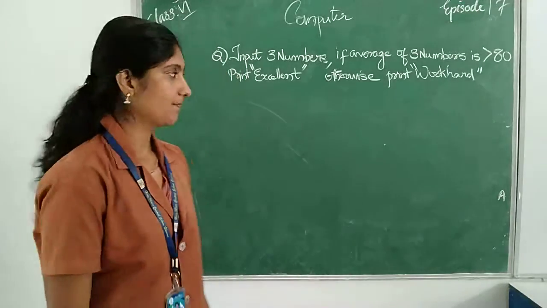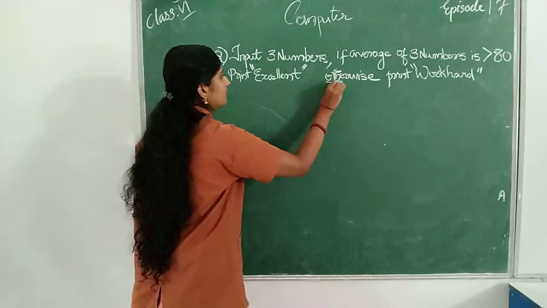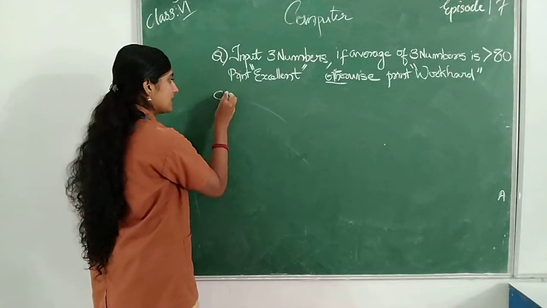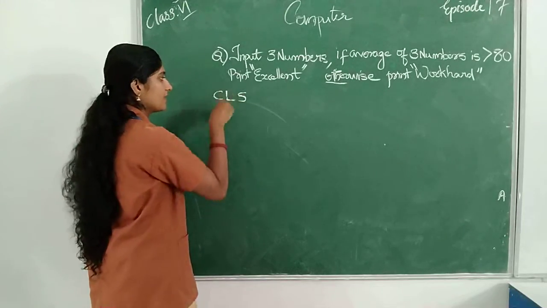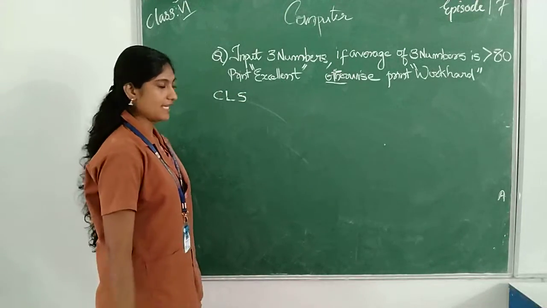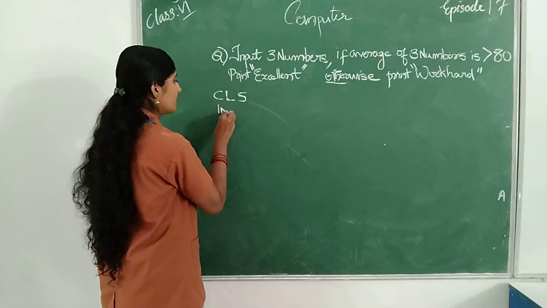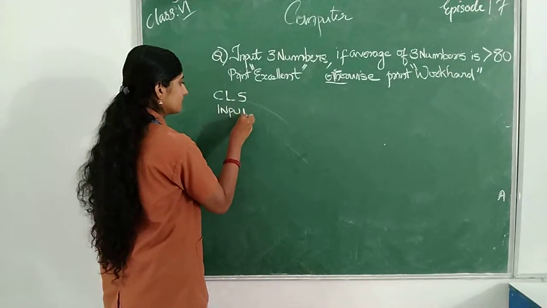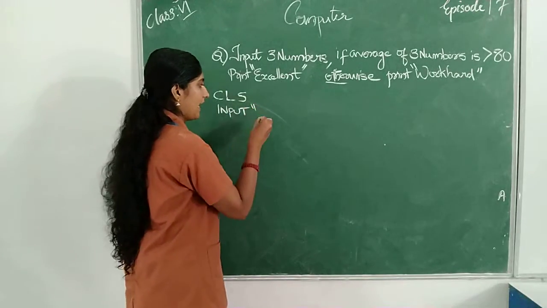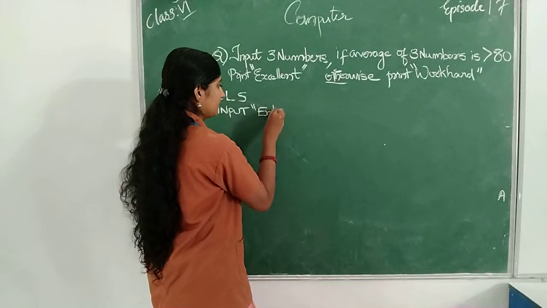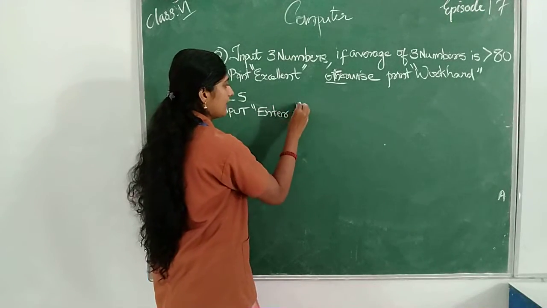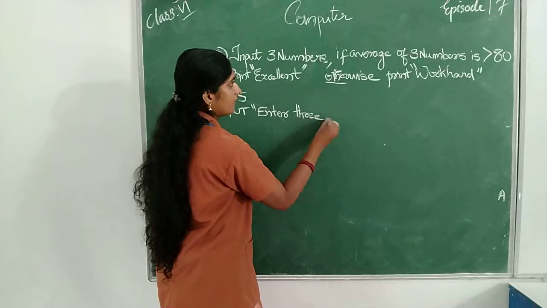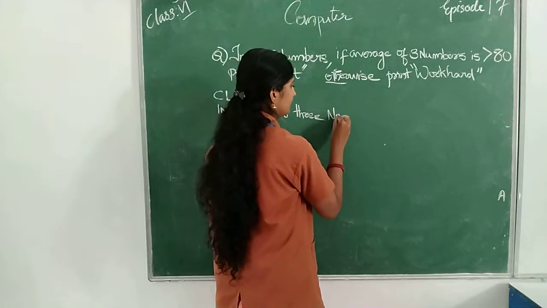Then if close, then enter. So here first CLS, so that means clear screen. Then input, then enter 3 numbers.